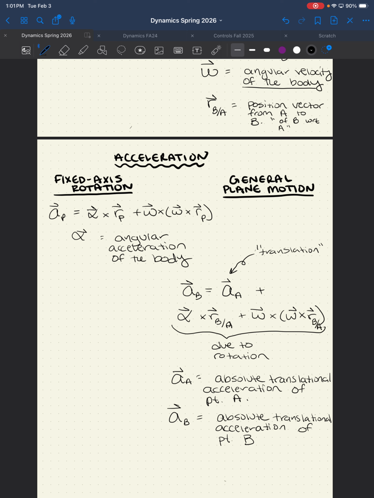All right, we've already covered what is alpha, we've already covered what is omega, and we've already covered what is RB/A. Those have the same definitions as the prior equation.